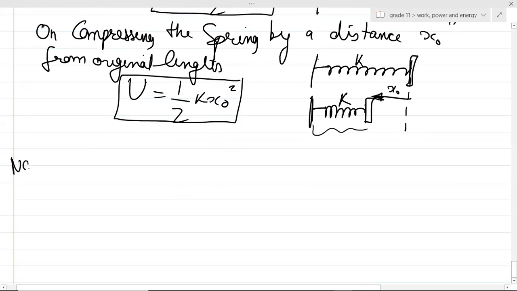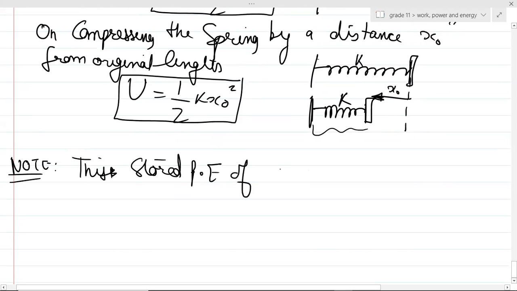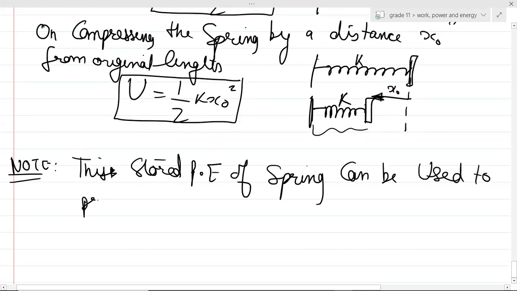So, note: this stored potential energy of the spring can be used to provide kinetic energy to the block.